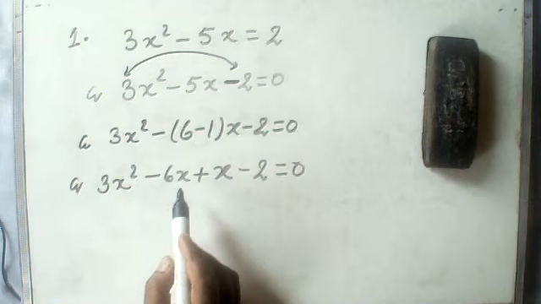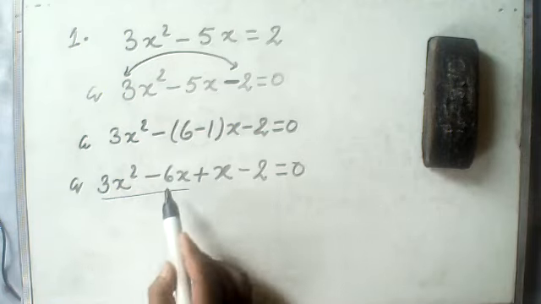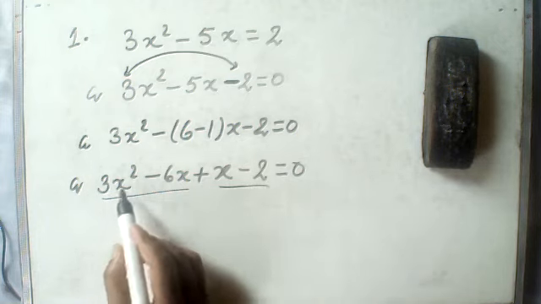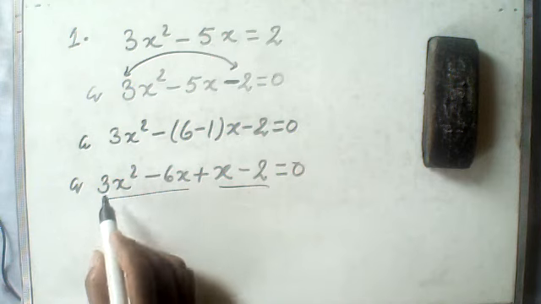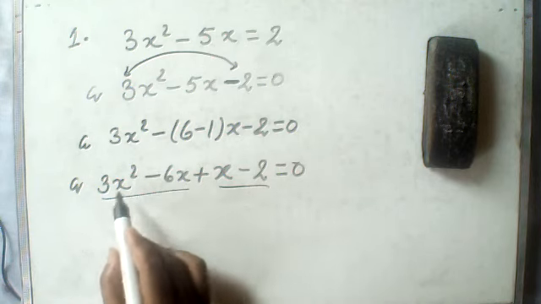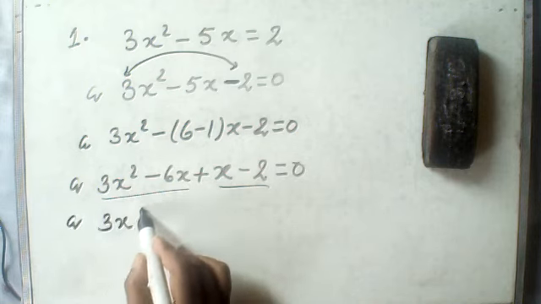Now we have two groups: the first and second terms in one group, and the last two terms in another group. Now we look for the common factor in these terms. 3x square minus 6x is 3 into x, and 3 into 2 into x, so 3x is common.